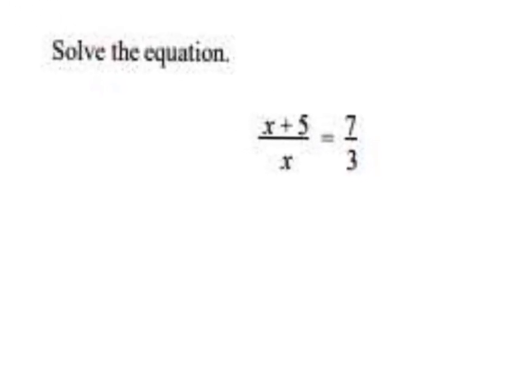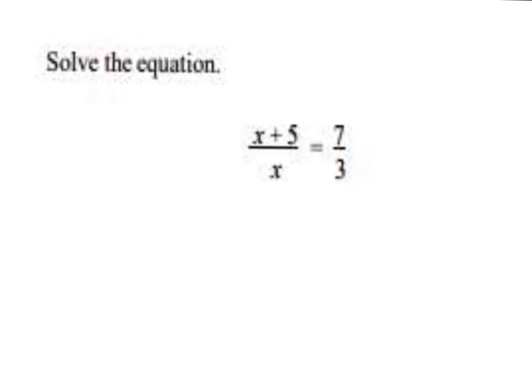So for this equation, what is the first step? If you have a fraction, cross multiply. So 3 times x plus 5 equals 7 times x. 3 times x plus 5, so expand. 3x plus 15 equals 7x. Now put x on one side.